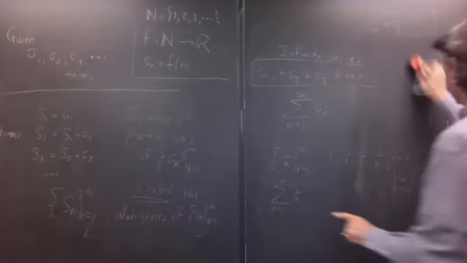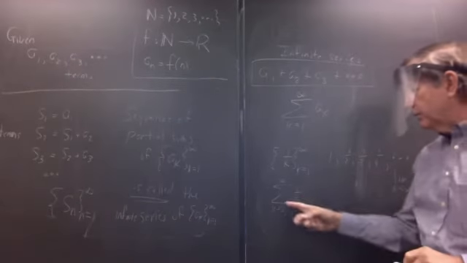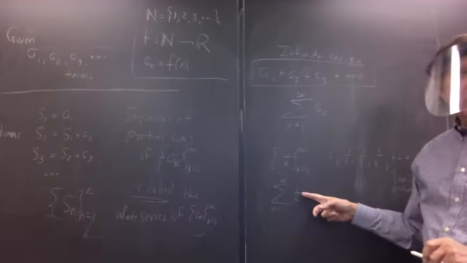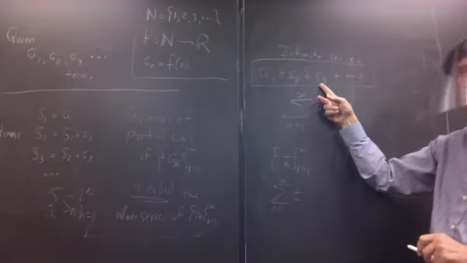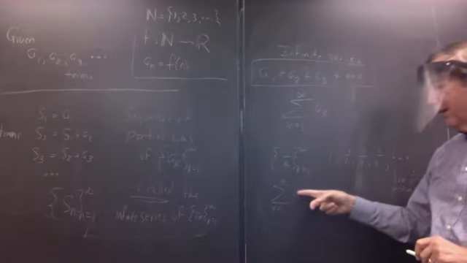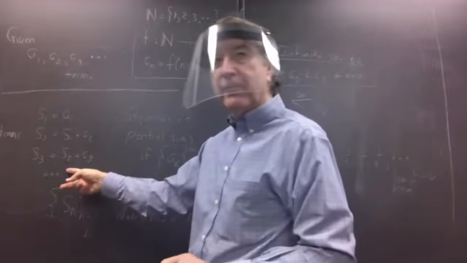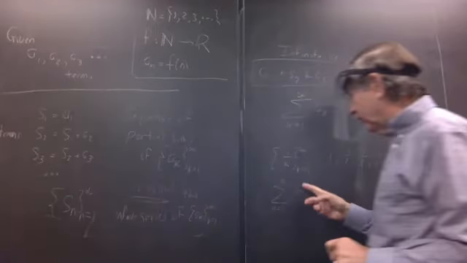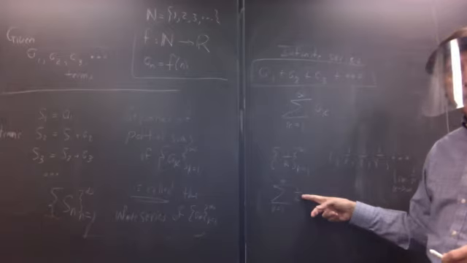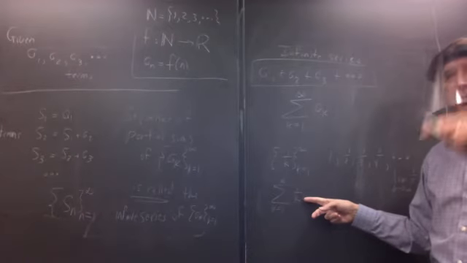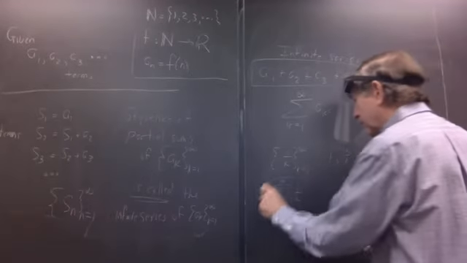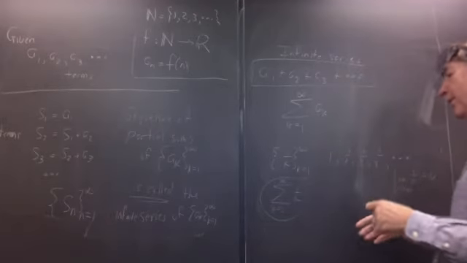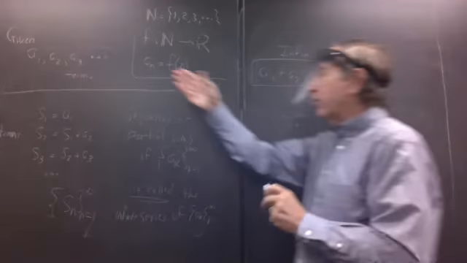Okay, so when I write this thing down here, this tells you what the A_k's are. This symbolism tells you what these are, right? It doesn't tell you what the S's are. But when you see this, you can find out what the S's are. S1 is 1, S2 is 1 plus a half, S3 is 1 plus a half plus a third. So this notation for a series tells me what the original terms A are.